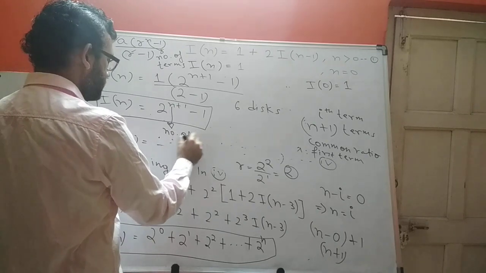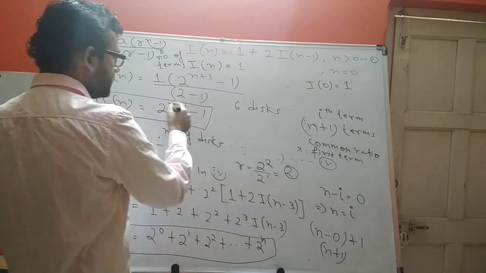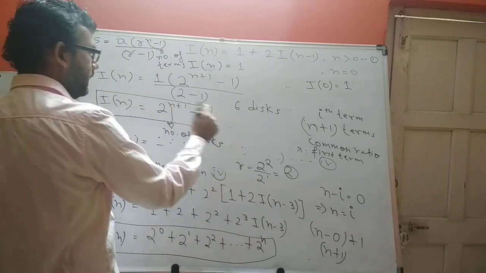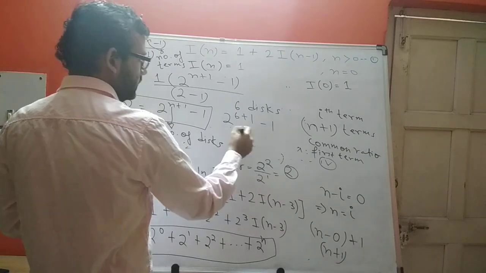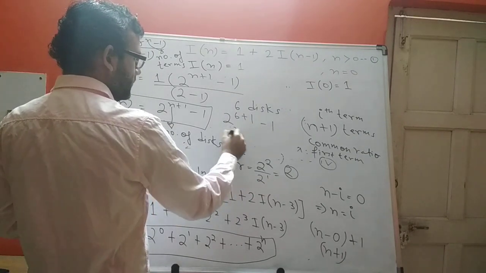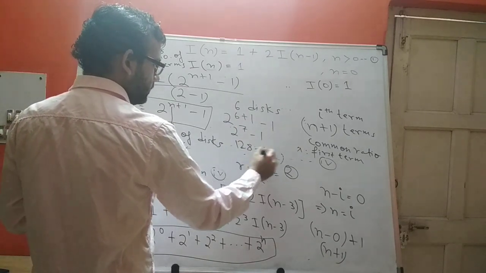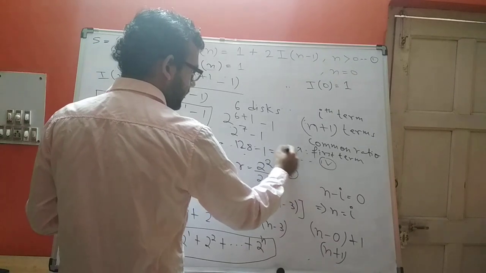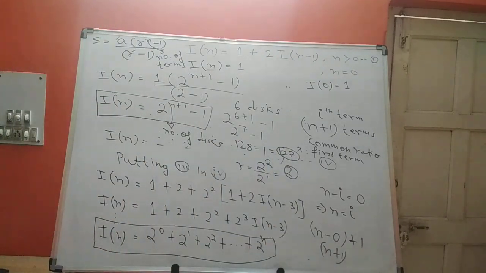You would substitute in place of n the value of 6. So you will get 2 to the power of 6 plus 1 minus 1. So 6 plus 1 is 7. So 2 to the power of 7 minus 1, that is 128 minus 1, which comes out to be 127. So this is how this formula will prove to be useful.